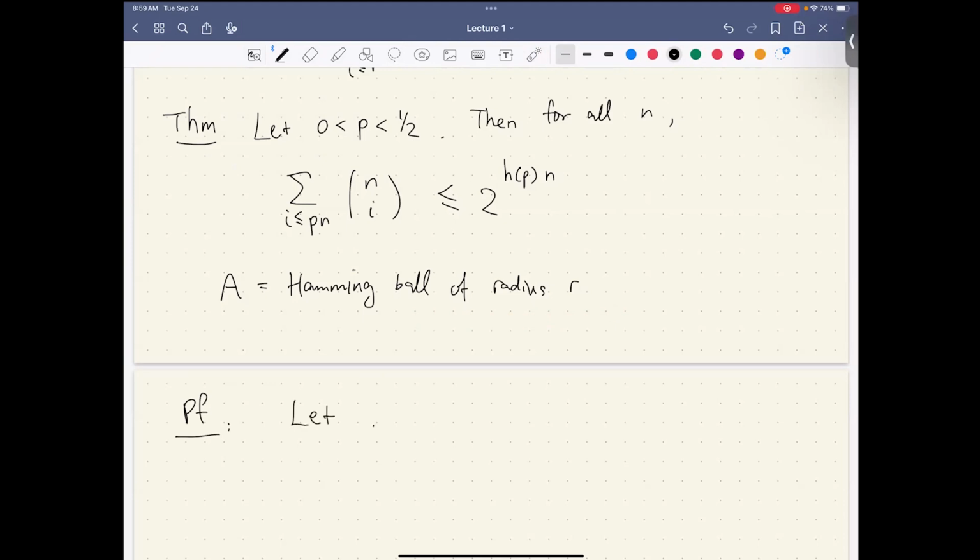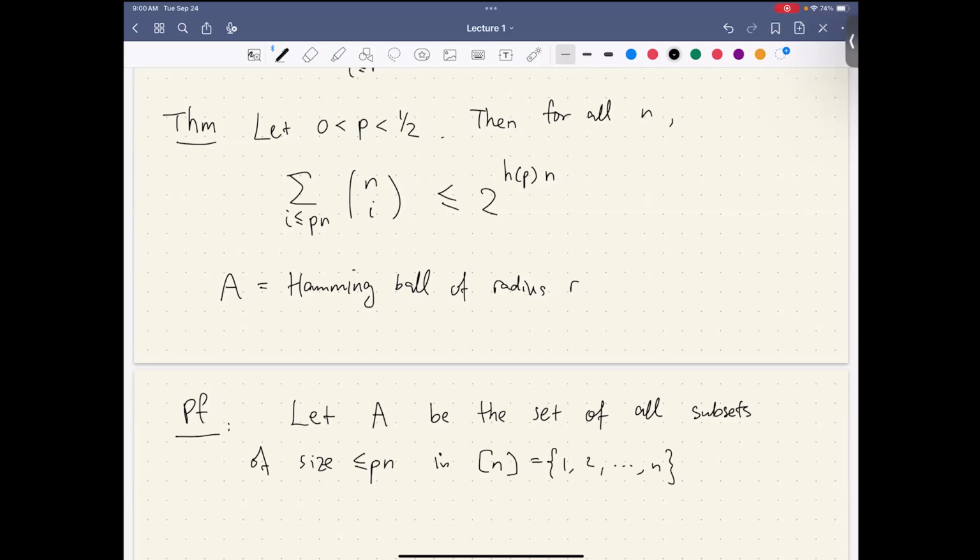Let A be the set of all subsets of size at most pn in [n], the first n integers.